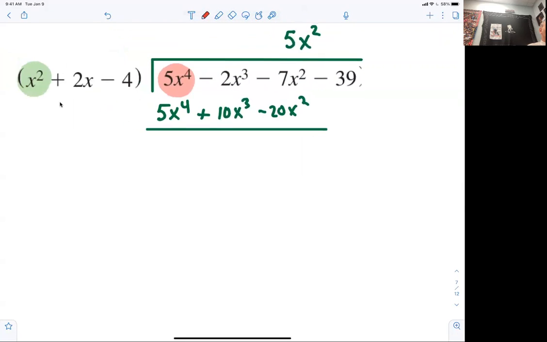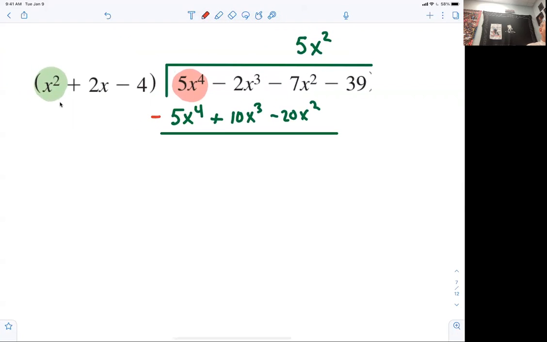Change the signs. Minus, minus, plus. So now that becomes what? Negative 12x cubed plus 13x squared minus 39.